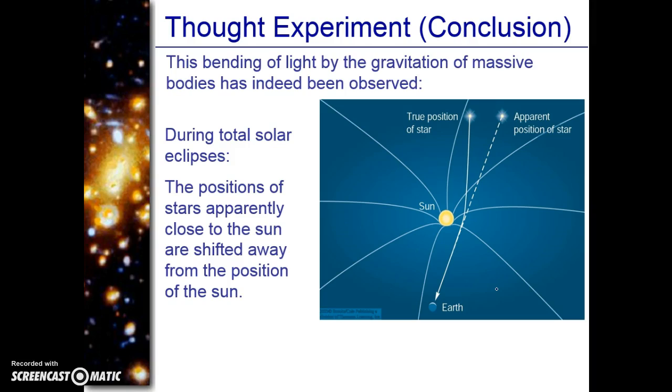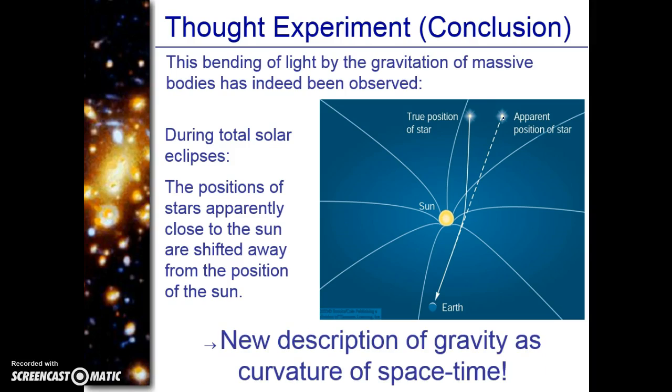Curved space-time near the sun was able to deflect the light from a distant star. So if we're here on Earth, this light coming from a star that's just on the outside of the sun, we wouldn't be able to see it here, but it actually looks like it's coming from the side. So it's not in its true position, and we see it somewhere other than where it really is. Okay, and here's the curvature of space-time.